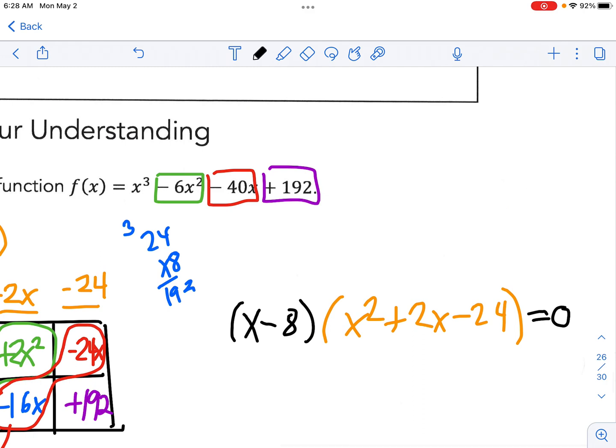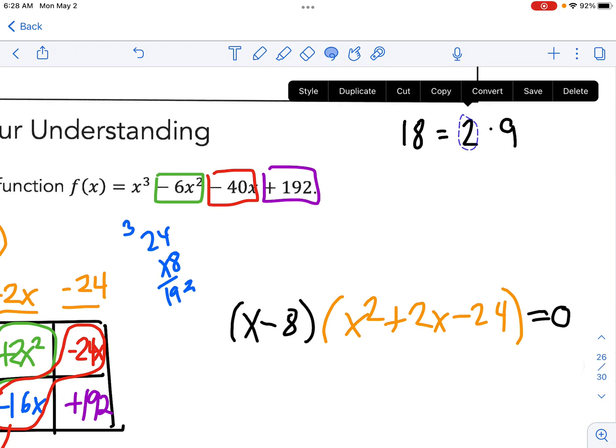So, the analogy I'm going to throw out here is, let's say we started out with a number like 18, and you said, oh, well, that is 2 times 9.